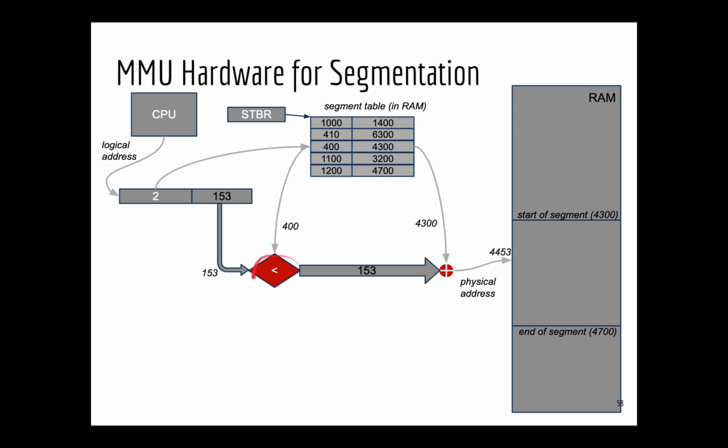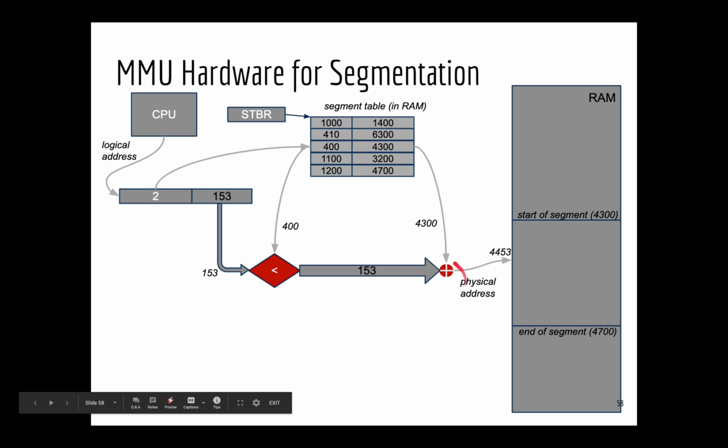So why do we need the comparator in segmentation? Because we have to make sure that the offset in the logical address is not bigger than the segment size. So 153 is compared with the segment size of 400. If that number is smaller, you can continue to translate the address. If that number is bigger, then the MMU hardware will trigger an exception.